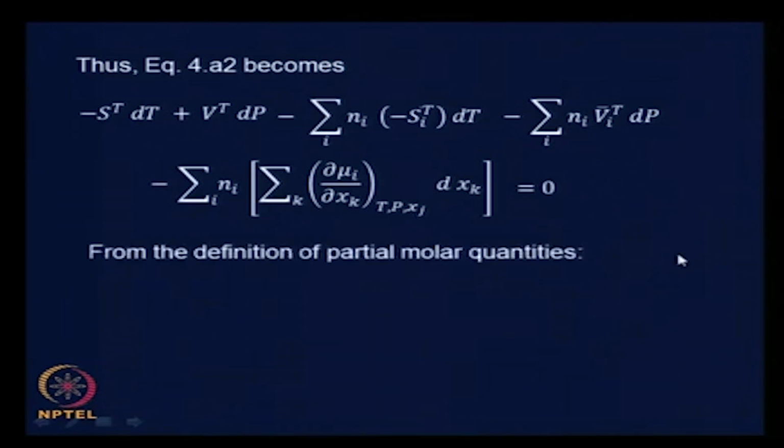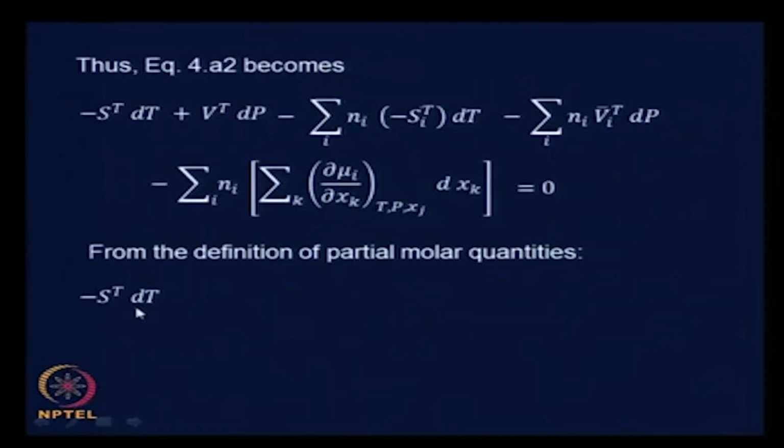And from the definition of partial molar quantities, sum over Ni times minus Si is nothing but minus the total entropy of the system itself. This minus St dT will remain here, plus Vt dP will remain here, and there is a minus here, there is a minus here. So, this becomes plus, and we said that this is the total entropy of the system.